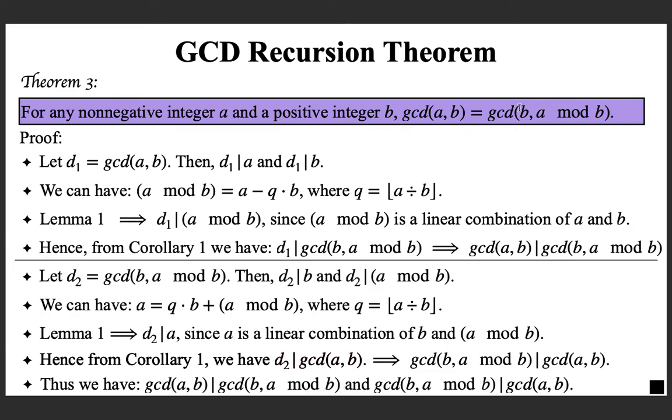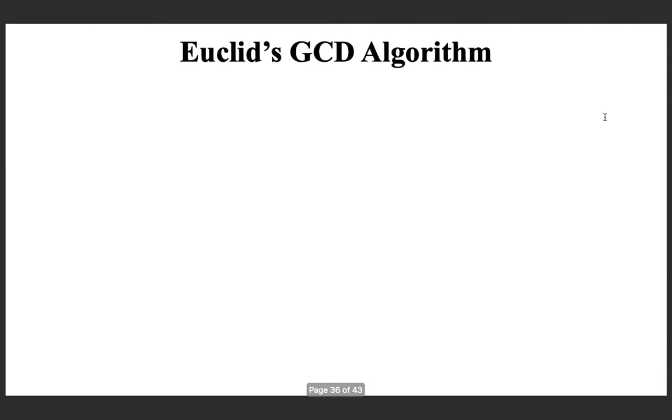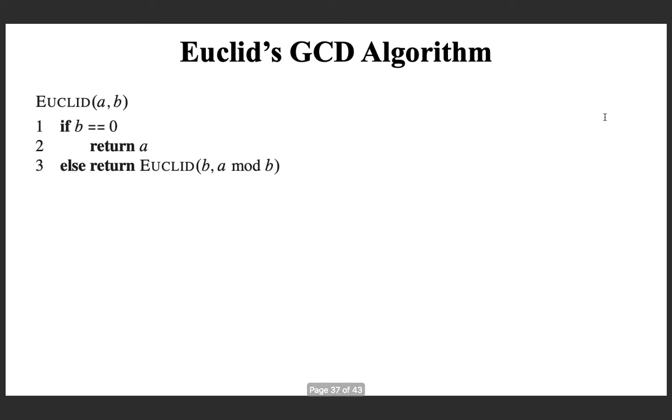So what did we prove? GCD of A and B is nothing but GCD of the second argument comma A mod B, the first argument mod the second argument. We can just apply this to get what is called Euclid's GCD algorithm.